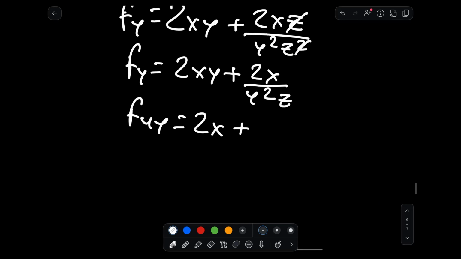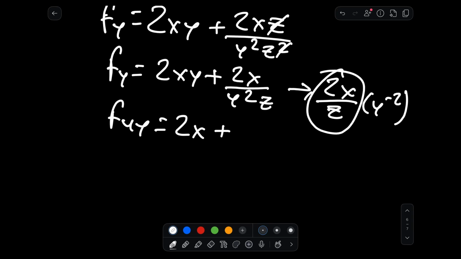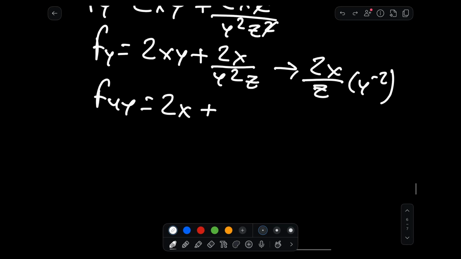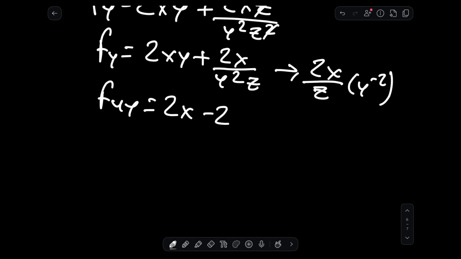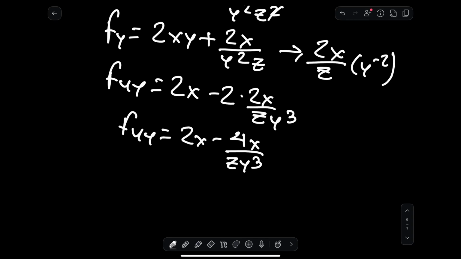And we can rewrite this whole thing as 2x over z y to the negative 2 like that, because these are all constants with respect to y. So we're going to get this to be minus 2 times 2x over z y cubed in the denominator. And we can clean this up to be f sub yy equals 2x minus 4x over zy cubed.